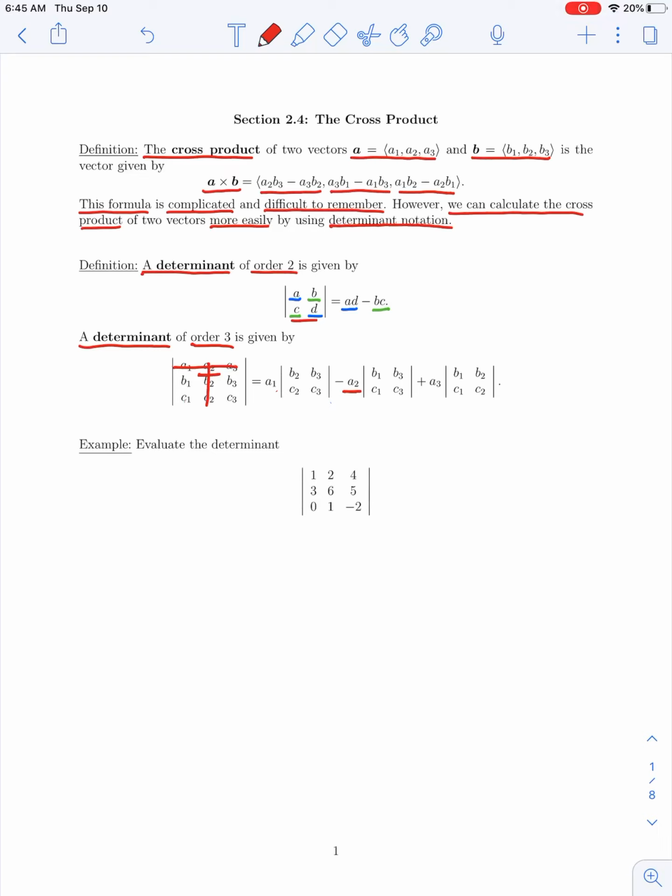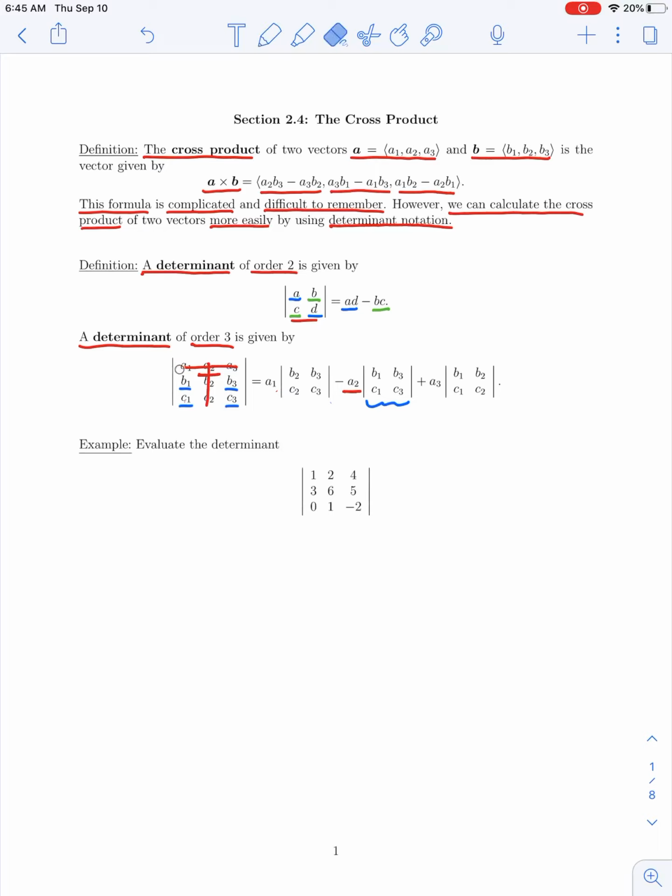So we can see if we delete that row and column of the 3 by 3 matrix, I'm left with this little 2 by 2 matrix, B1, B3, C1, C3, and I'm taking the determinant of that matrix, multiplying by that A2 entry.